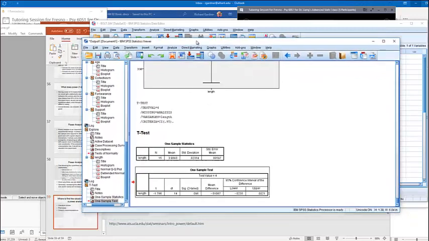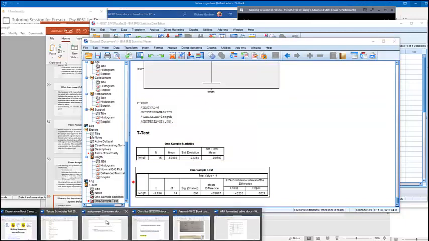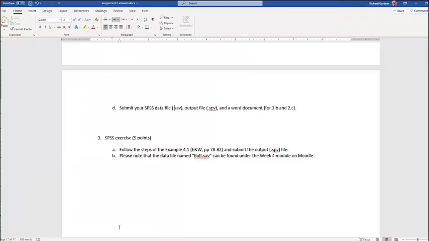All right, so I think she wants you to send in this sheet as well, right? Let's go back and look. So she does want the output file for this, okay. Would that be the same as just copying and pasting the tables and the graphs onto the Word document? I would think so, but she put it quite specifically. She wants to see the output file. Now, I'm going to send you everything we worked on today.